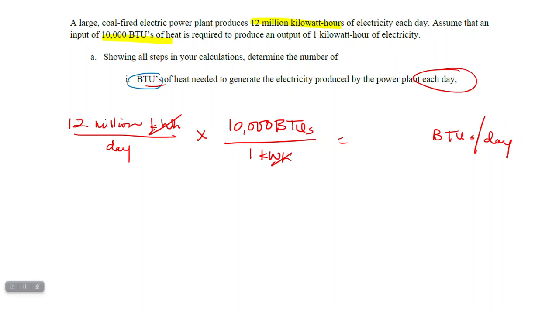So what we would have to do is multiply this out, and I'm going to put this down in scientific notation, mostly because I hate writing all those zeros, but I'm going to write it in non-scientific notation as well. So 1.2 times 10 to the 11th BTUs per day. So that would be, let's see, 1, 2, 3, 6, 9, and I believe it's 120 trillion BTUs per day.